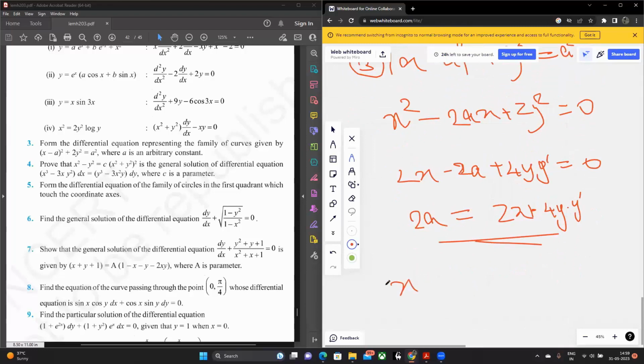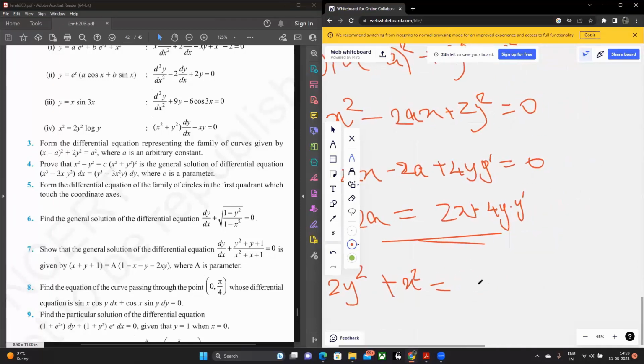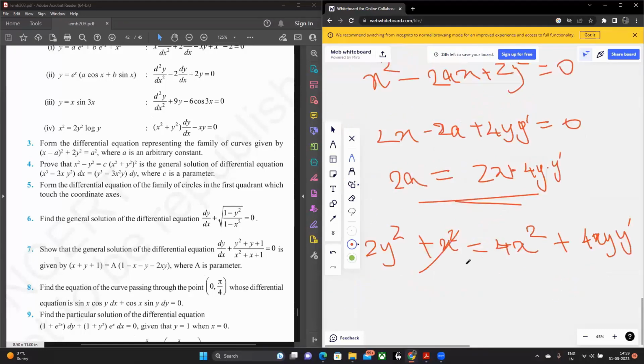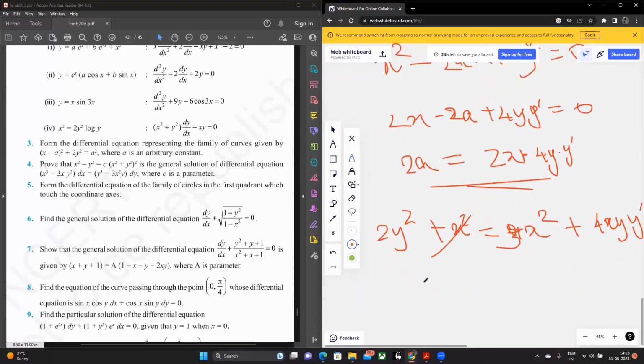Therefore, you have the differential equation 2y squared plus x squared is equal to 4x squared plus 4x y dash, right? Or this is 3.